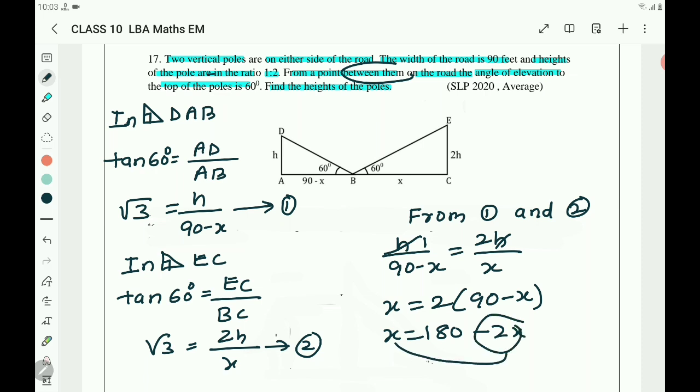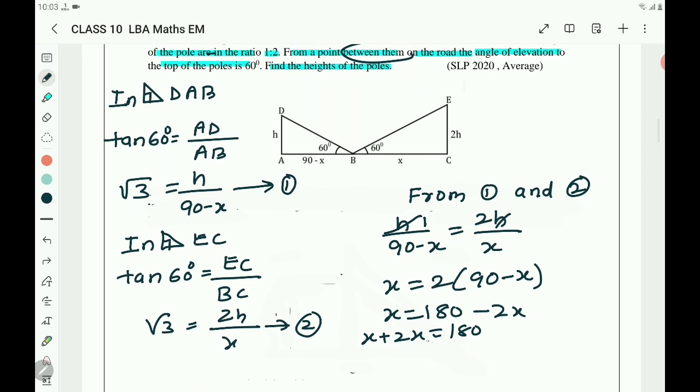Transfer this minus 2x to the LHS. It becomes x plus 2x equals 180, and x plus 2x is 3x. 3x equals 180. X equals 180 by 3, which equals 60. You got the value of x. X equals 60.